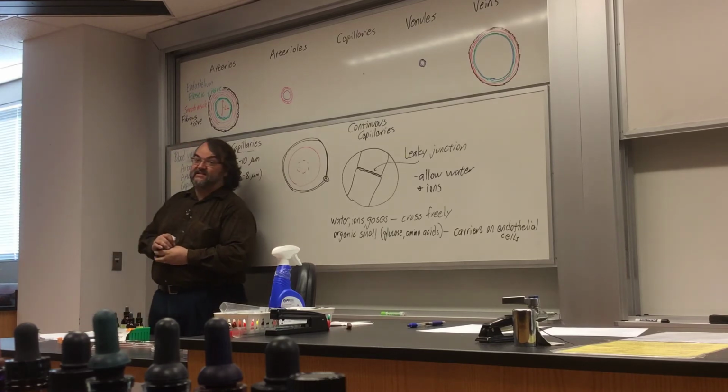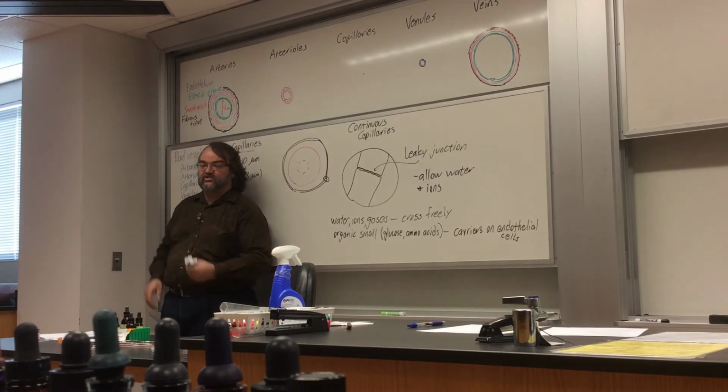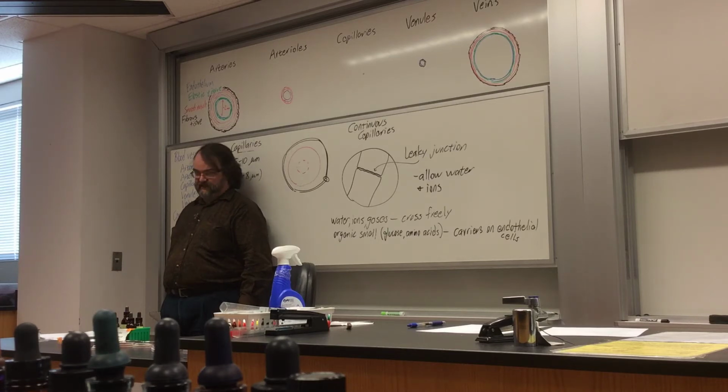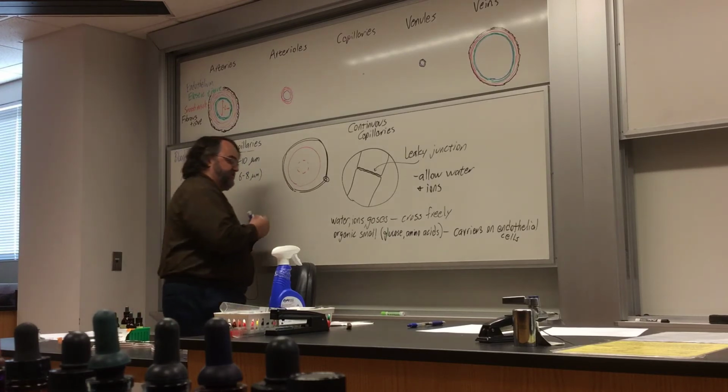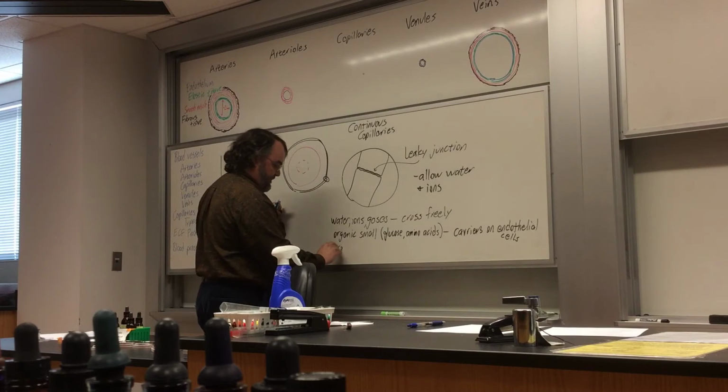That means these cells can decide which kind of small organic molecules can get through. So they can pass if there are carriers, if the cell allows them to pass. Proteins generally don't.